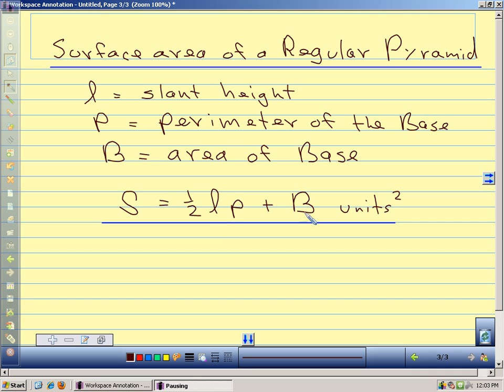Now notice in this formula, in all the formulas that we've used so far, we have to find the area of the base. So all of our area formulas from chapter 5 are going to be important in this unit. We have to be able to find area of different shapes to find the area of our base. So whenever we find the surface area, we need 3 things. We have to find the slant height.